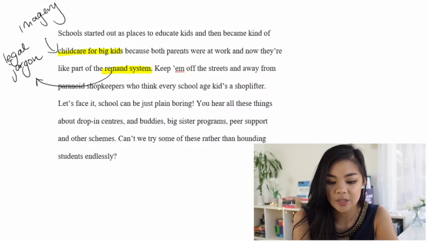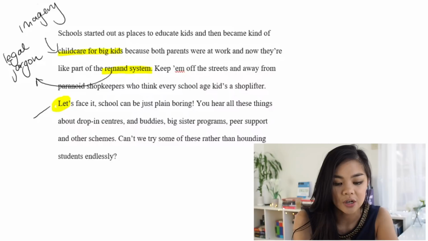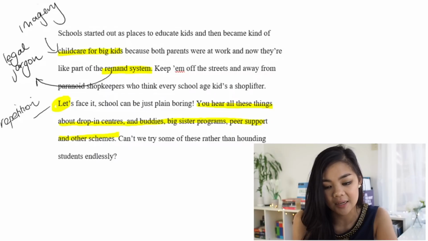He goes on to keep using inclusive language, so that is some repetition that is used throughout his piece. To sum up, he says, you hear all these things about drop-in centers, buddies, big sister programs, peer support, and other schemes. Why can't we try some of these than hounding students endlessly? Rhetorical question.